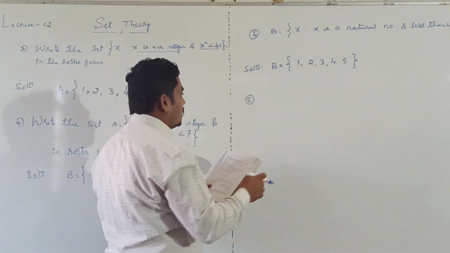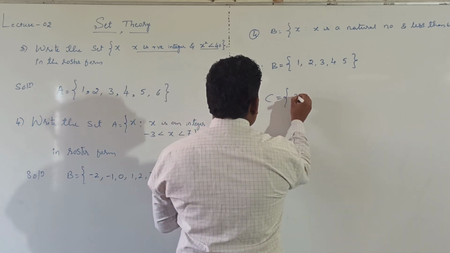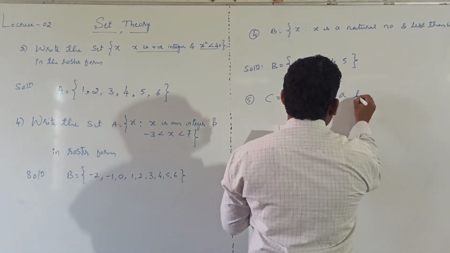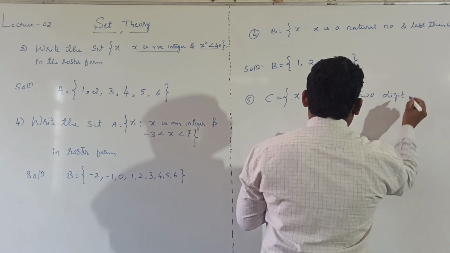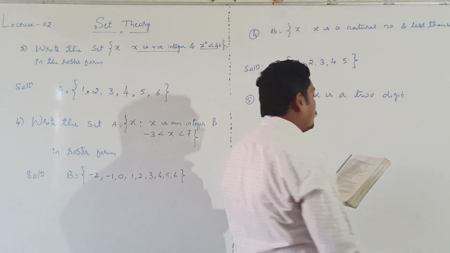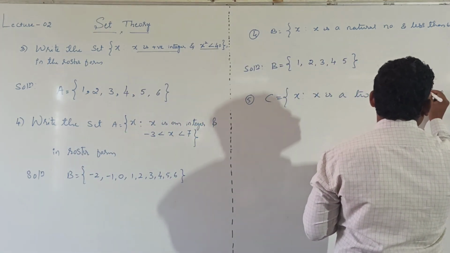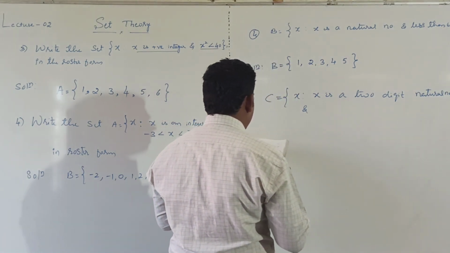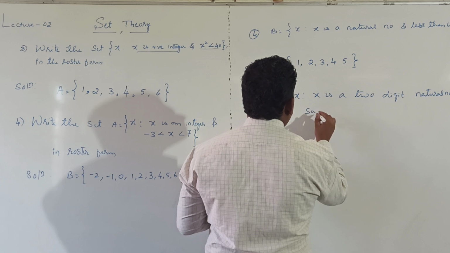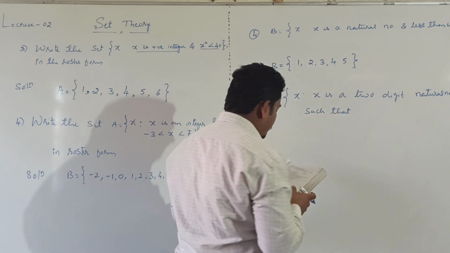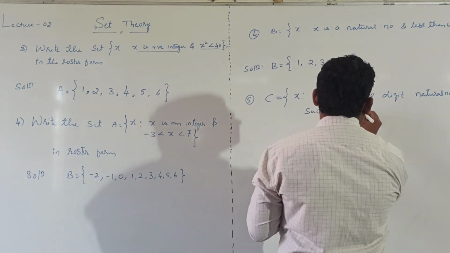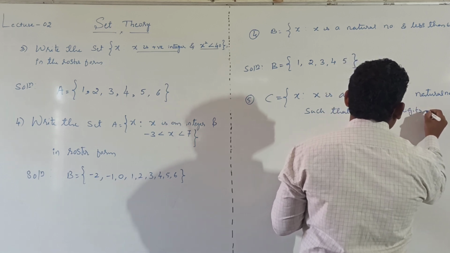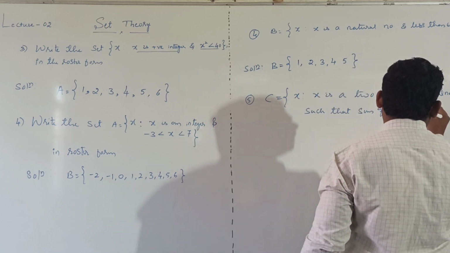Write the set C, x such that x is a 2-digit natural number and sum of its digits is 8.